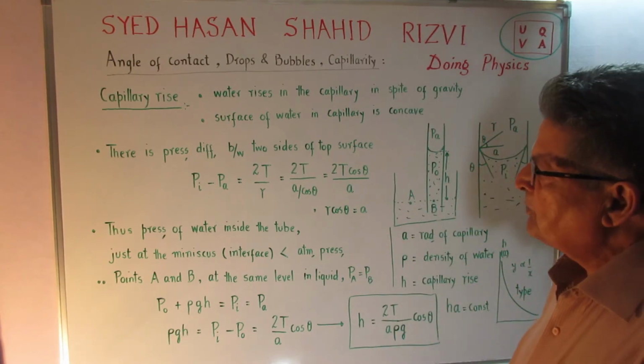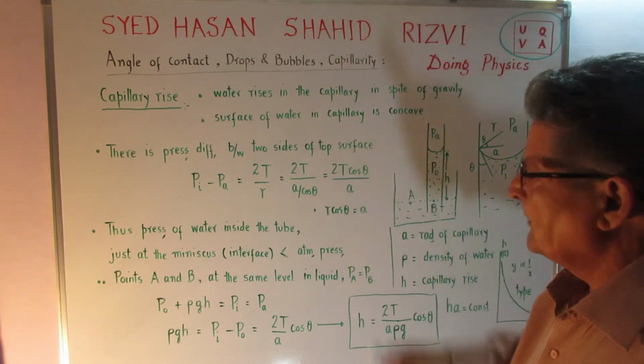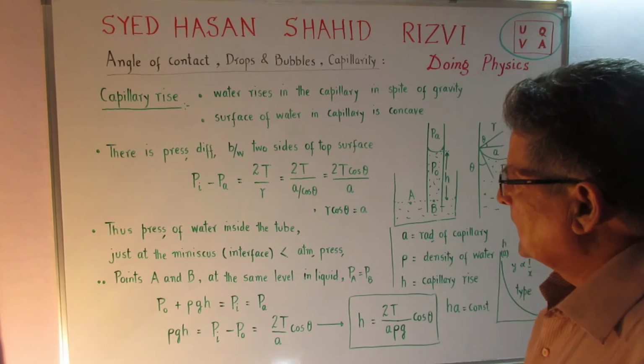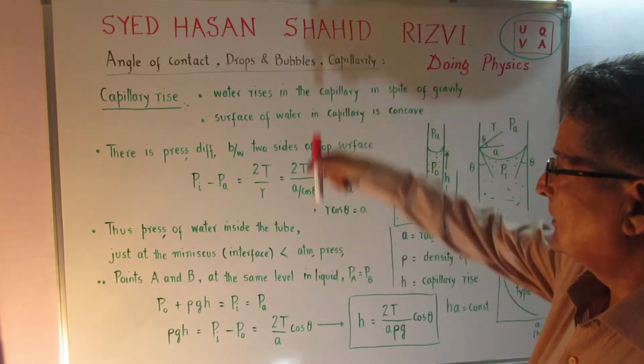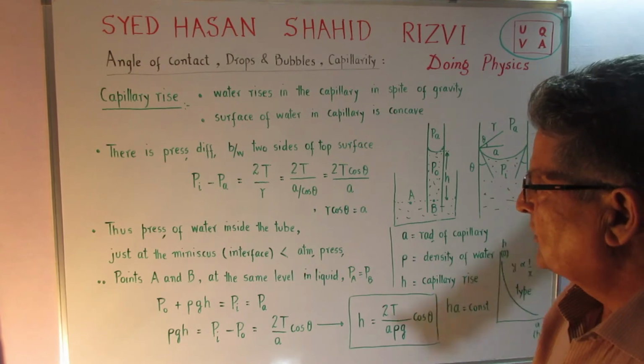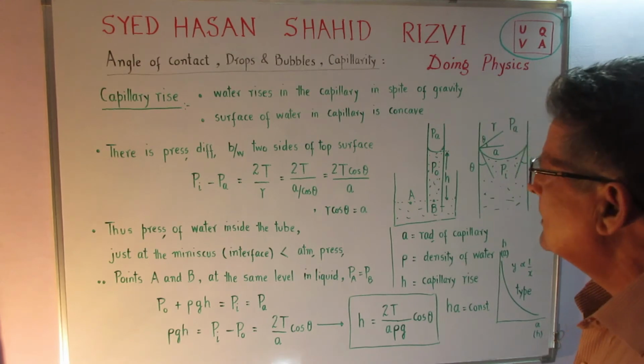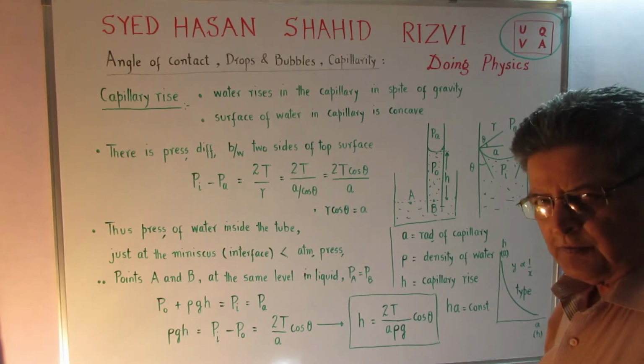So, in spite of gravity, water rises in the capillary. Gravity is down, the water rises like this. And the surface of water in the capillary, as has been shown over here, is concave.